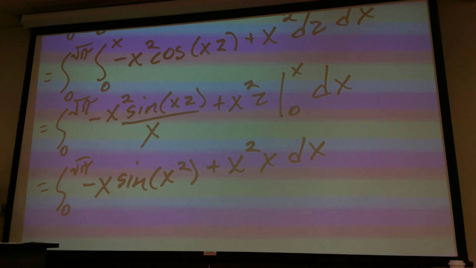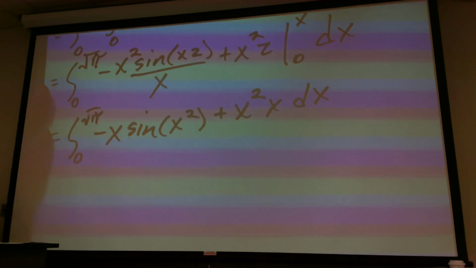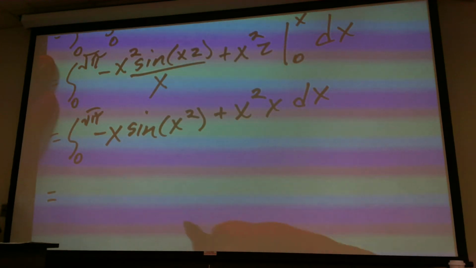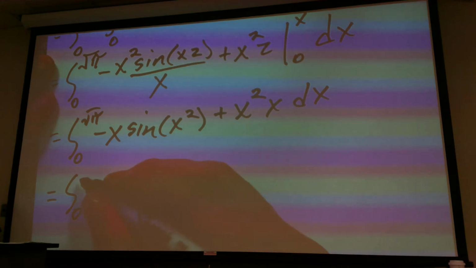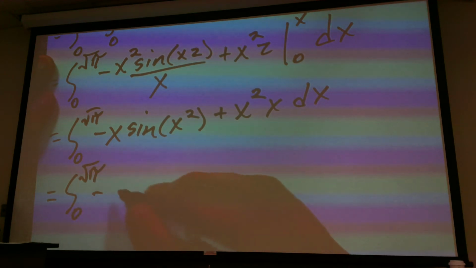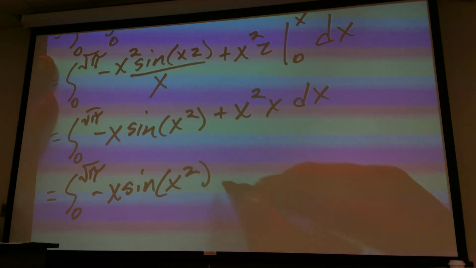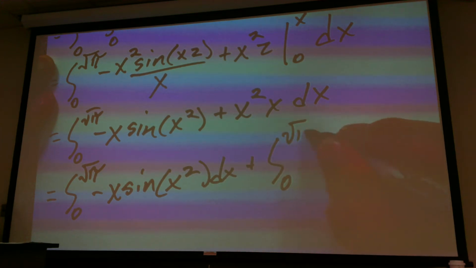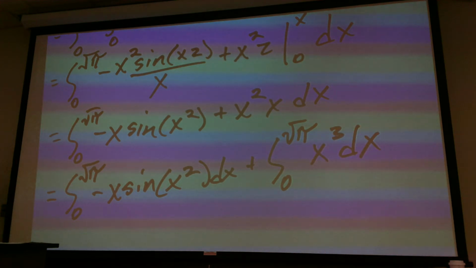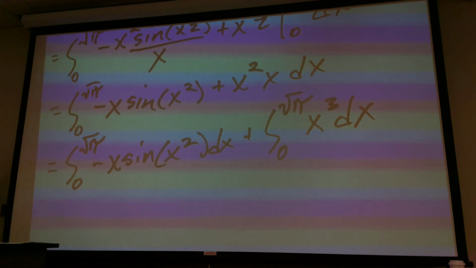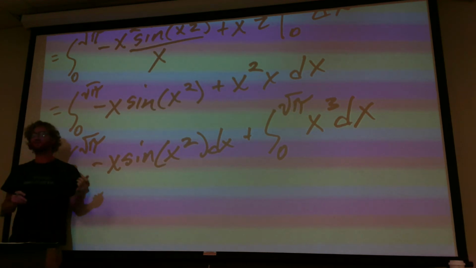You know what? I'm going to break this into two integrals, because I need to do a u substitution. So for this guy right here, I need to use a u substitution.